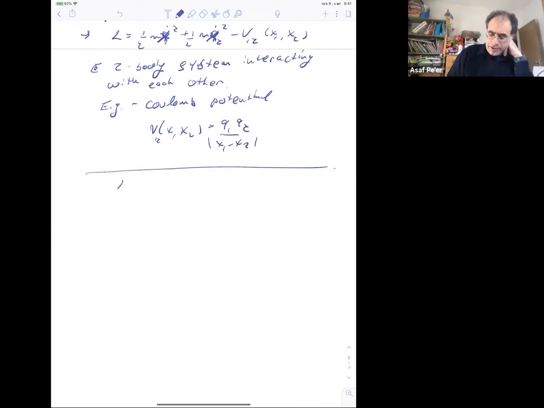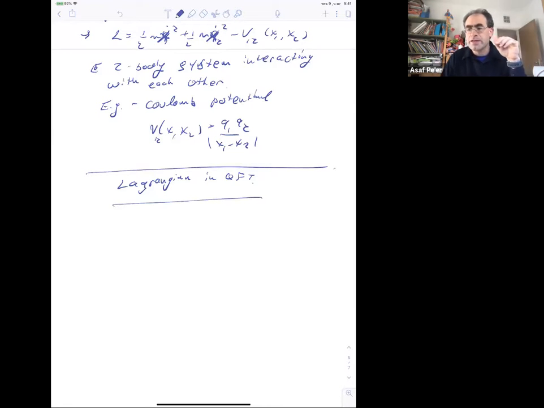Okay, Lagrangians in QFT. So the big difference is, there are several subtle points here. The first point to note is that in classical mechanics, the Lagrangian is a function of a discrete number of coordinates, which I mark as Qi, normally X, Y, and Z of each individual particle.